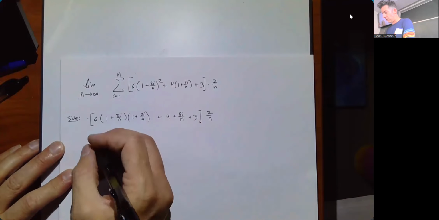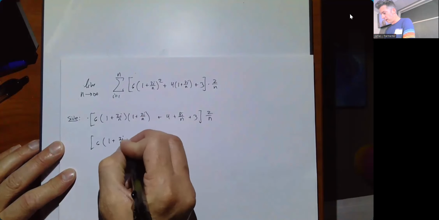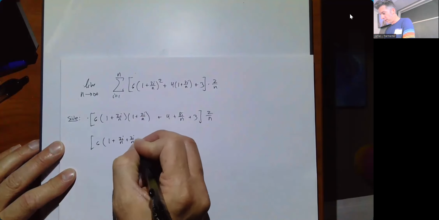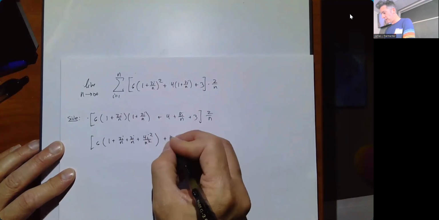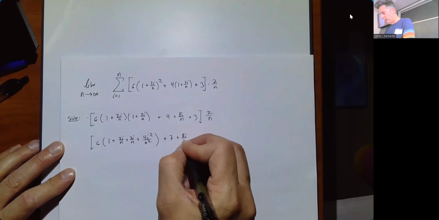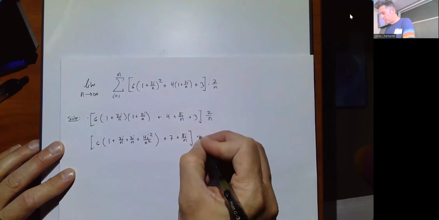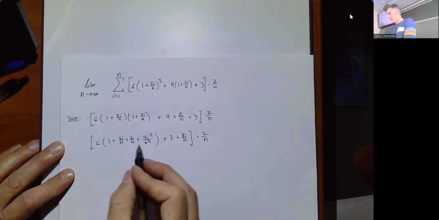Let's FOIL this out. So I've got 6 times (1 plus 2i over n plus another 2i over n plus 4i squared over n squared). I might as well throw the 4 and the 3 together and say I've got 7 plus 8i over n, times 2 over n. Let's distribute the 6.